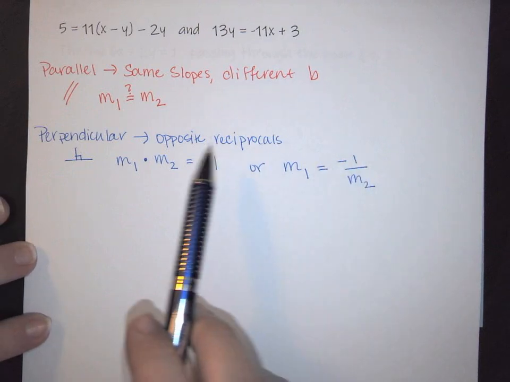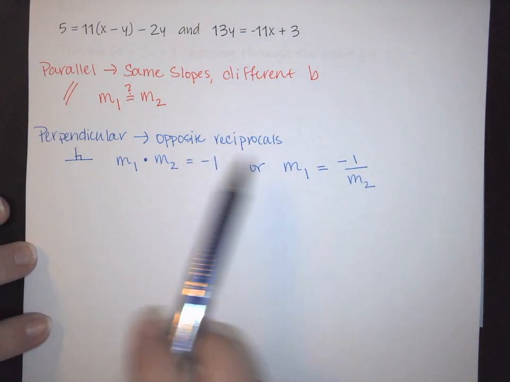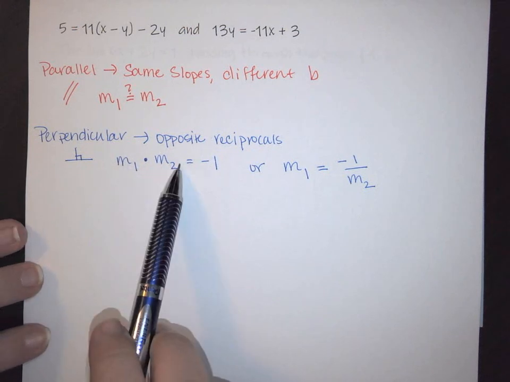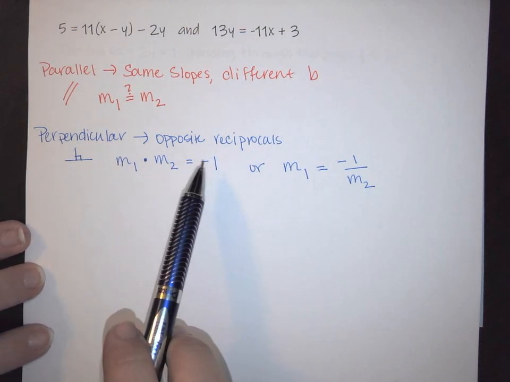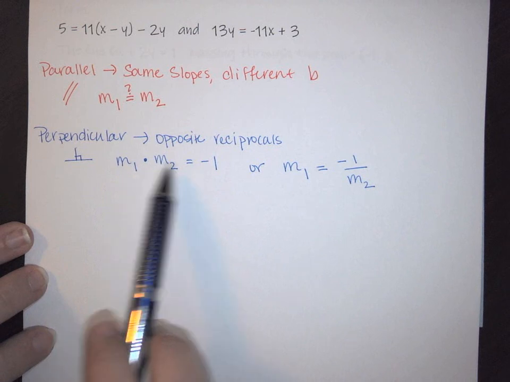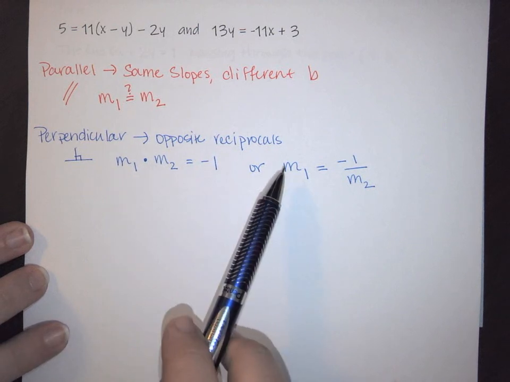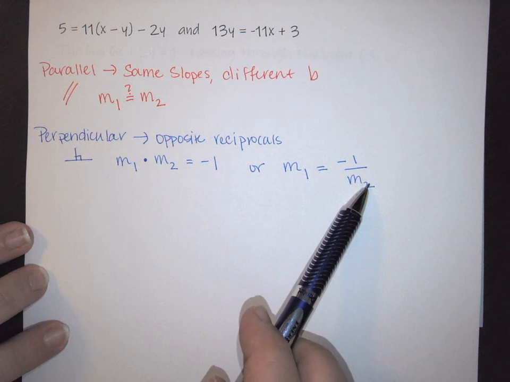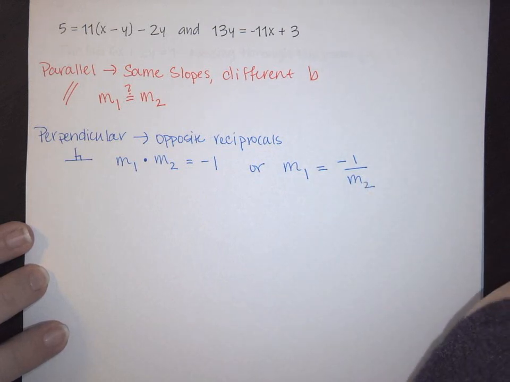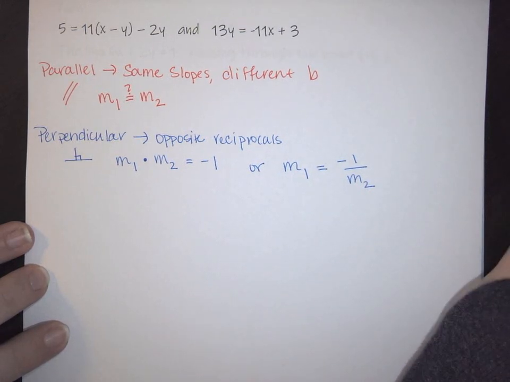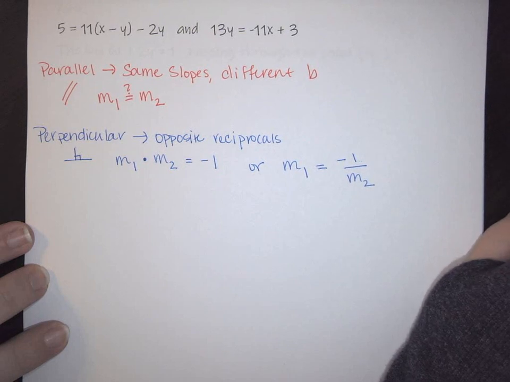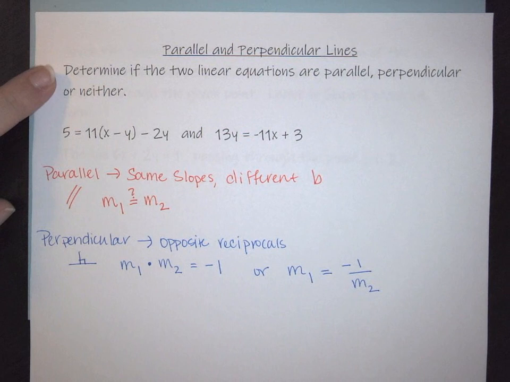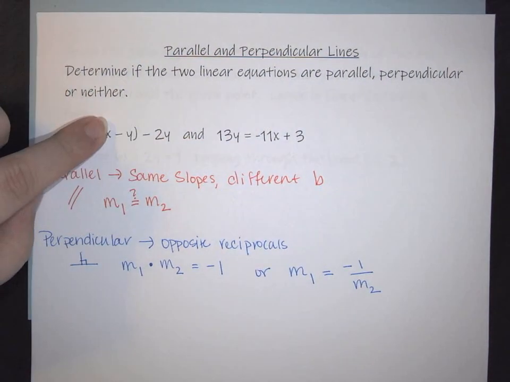Now, if I'm looking at these two equations, the easiest thing to do usually is to use this first one where we are multiplying the two terms together and then solving to double check and see if it equals -1. But for some students, recognizing the opposite reciprocal idea is what is needed. So you just have to do what's best for you and the way that you like to see it. Now, in this particular problem, the directions say that you need to determine what's going on between these two lines.